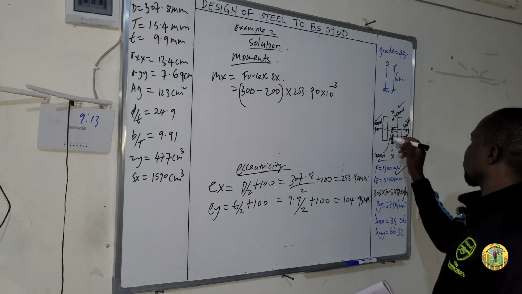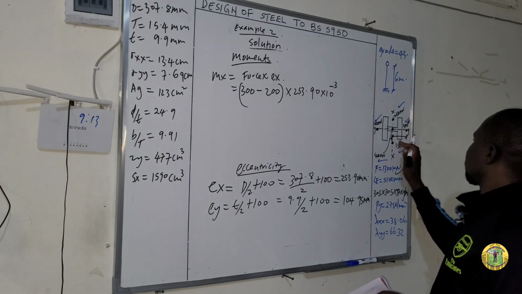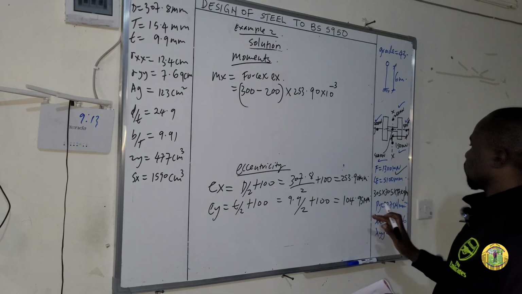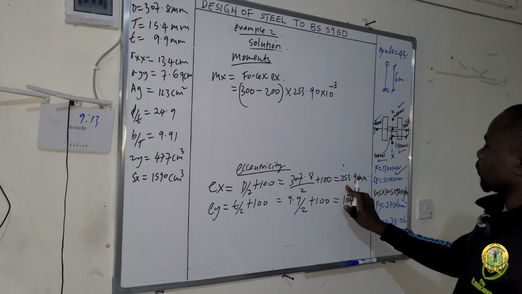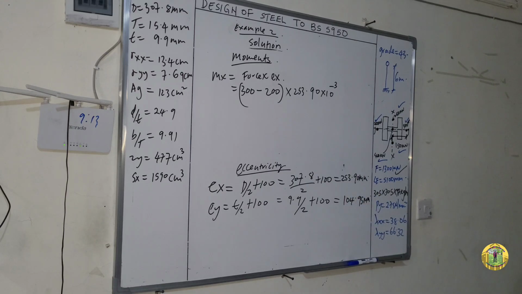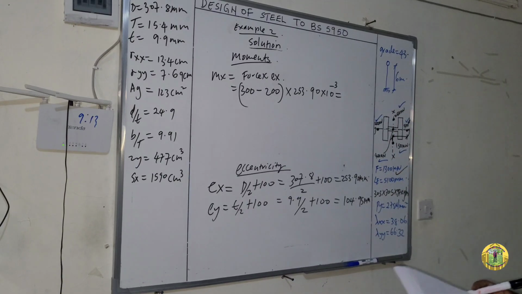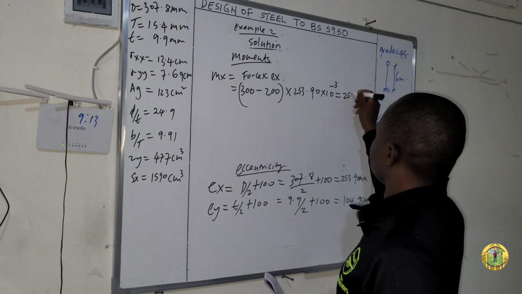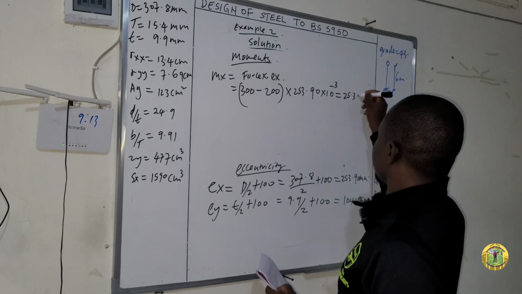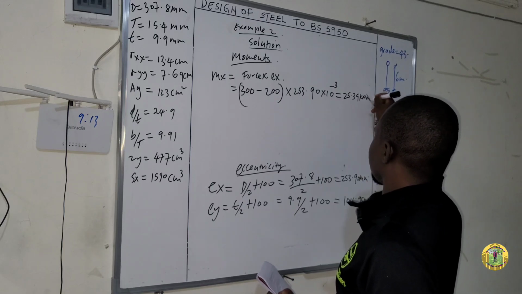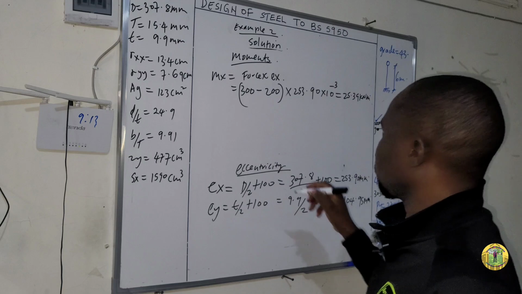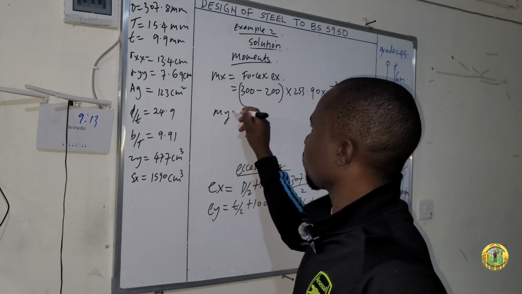Then you multiply by EX, which is 253.90. So this one is equal to 25.39 kilonewton meter.